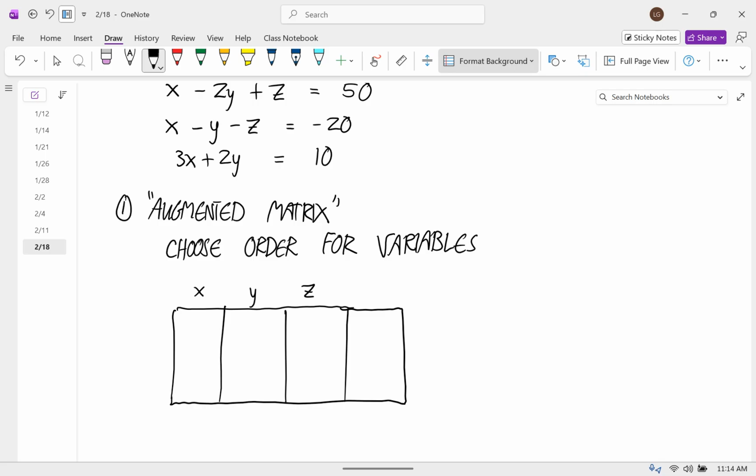And then the last column is for the constants. The rows represent equation 1, equation 2, and equation 3.